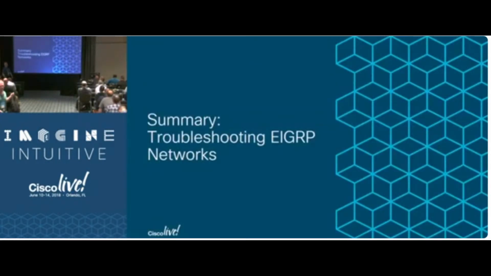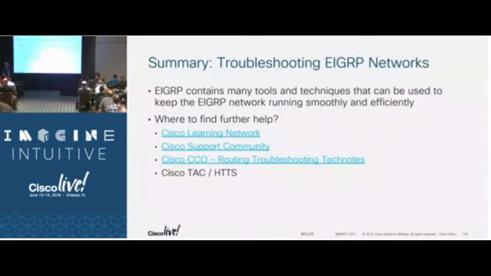Okay, so let's wrap it up. We do have a number of nice tools in EIGRP to troubleshoot it. We do have a number of tools that should help you to be very effective in isolating and nailing down the problems. Where to search for further help? Please be aware of the favorites, the Cisco Support Community and Cisco Learning Network. Those are two wonderful communities.